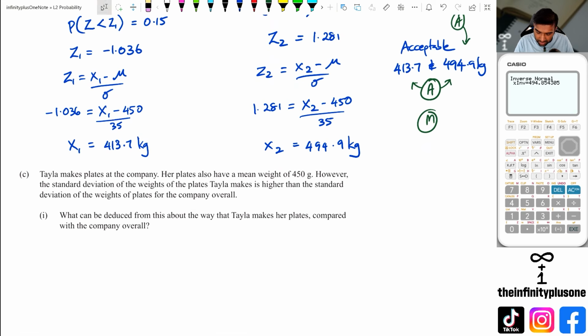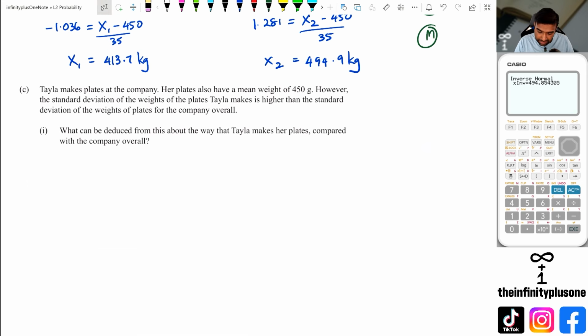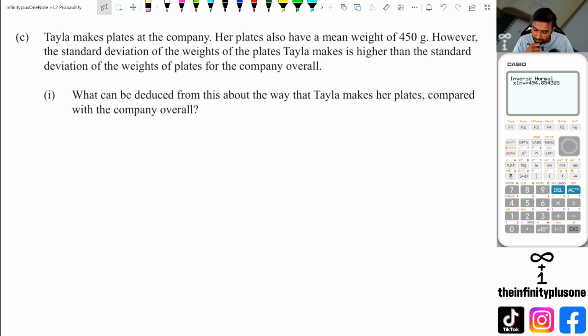Okay, so next question, what we have is next plate of the company. Plates also have a mean of 450, so that's the same. However, the standard deviation of the plates is higher. So basically, all it means is when the standard deviation is higher, that means the weights actually have a much bigger variety. So we can say something like, what is this?